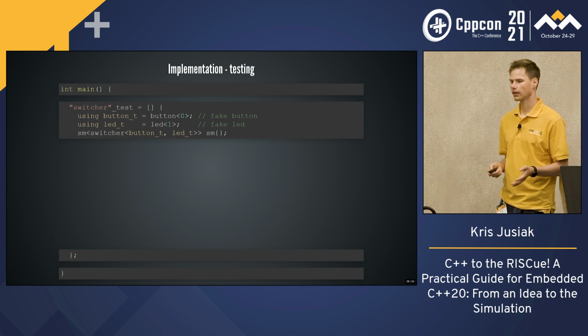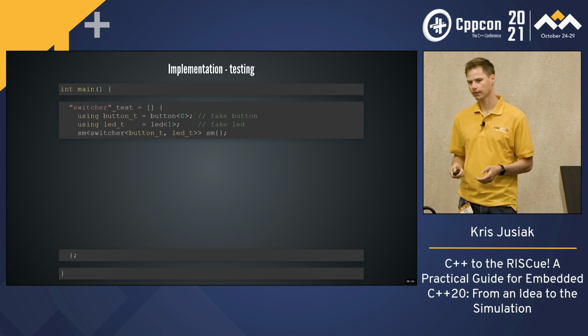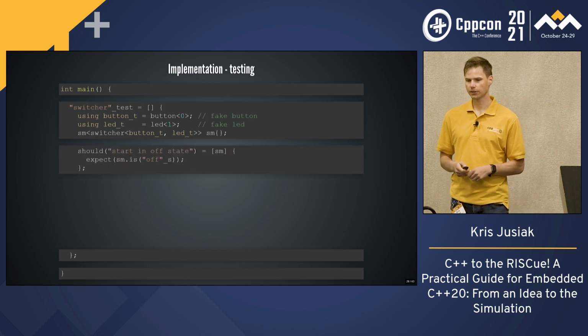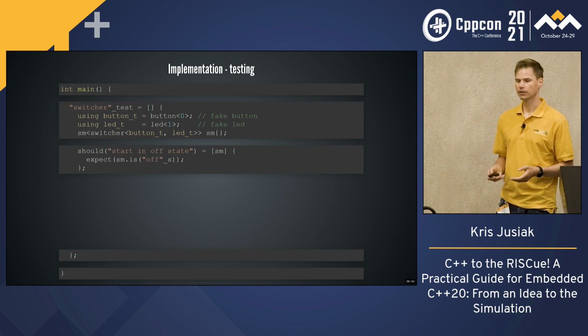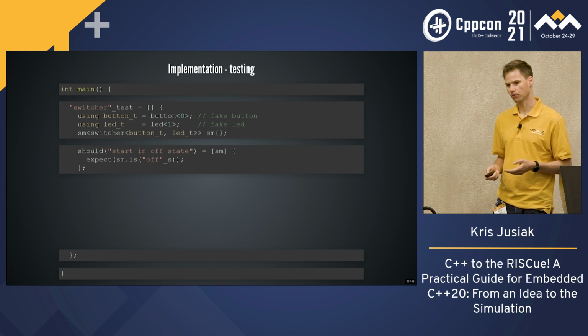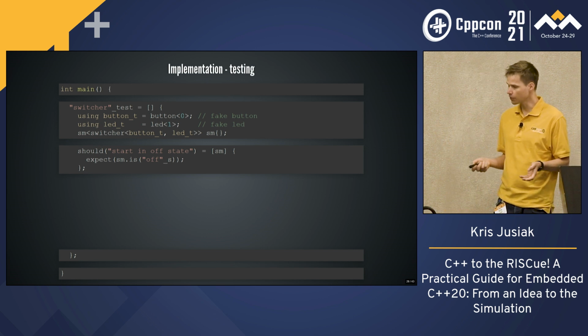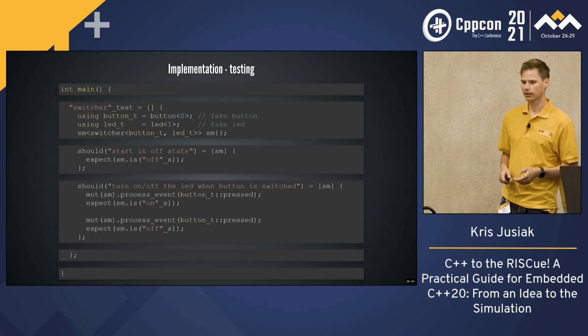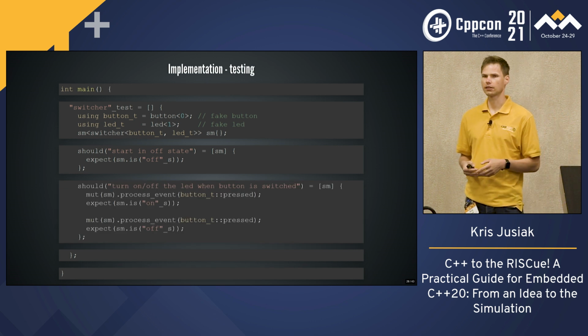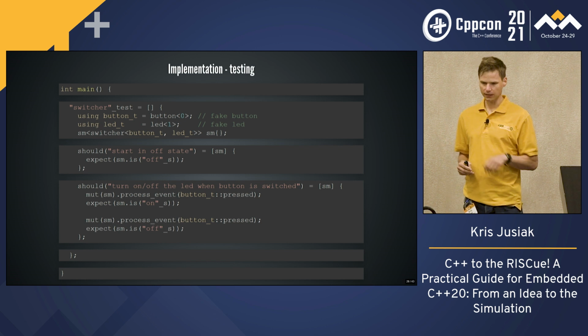So we'll use a simple testing framework in order to fake the button and the LED. You can imagine they have an implementation for the fake. We create a state machine, and we can easily verify whether we are in the expected state or not. By default, we start in the off state, and after that, we process an event, because that's the interface API for the state machine.